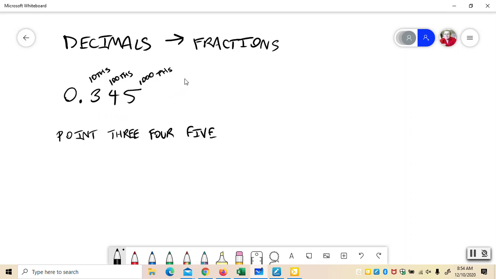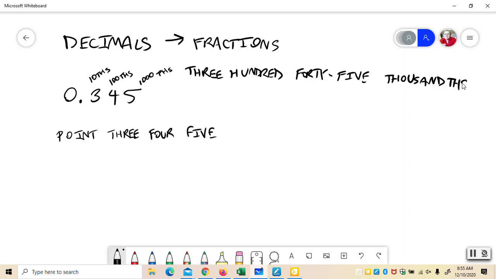But really, it's probably more accurate to read it as 345 thousandths. Because I think if we read decimals like that more often, we would understand better what we're talking about, and we would automatically know what it is as a fraction.